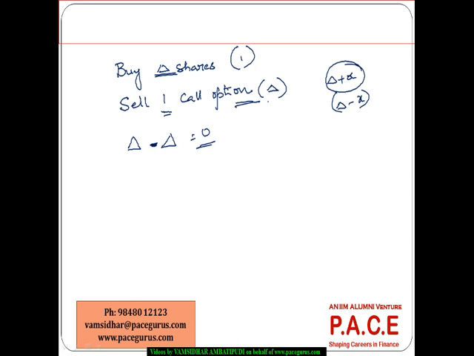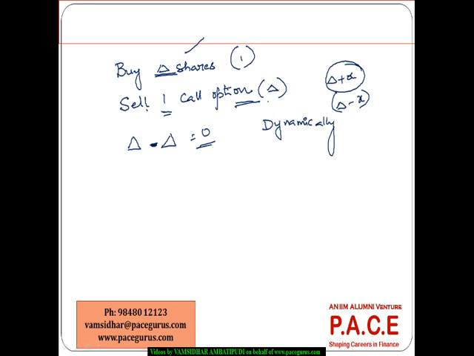And that is where we talk about dynamic rebalancing. Dynamically, I will go into buying more shares or selling shares to make sure that my overall portfolio is delta neutral.